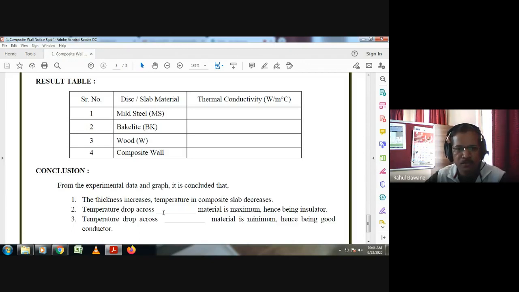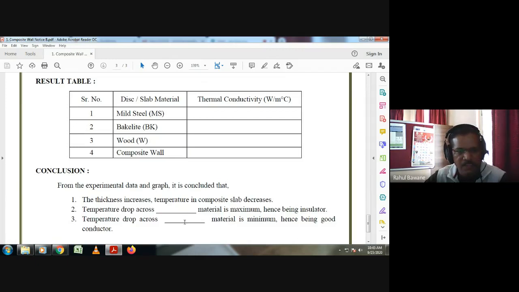Suppose bakelite shows the minimum thermal conductivity, so we will write here that the temperature drop across the bakelite material is a maximum, hence being an insulator. Either you identify from the thermal conductivity value, or you directly compare the average temperature difference.